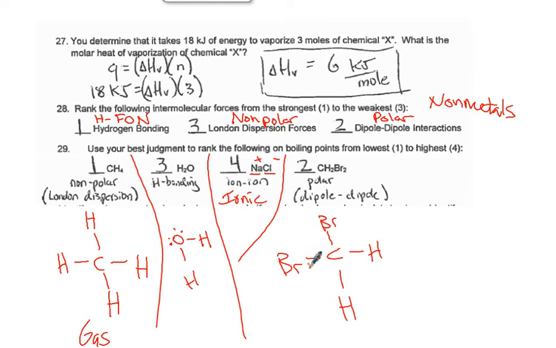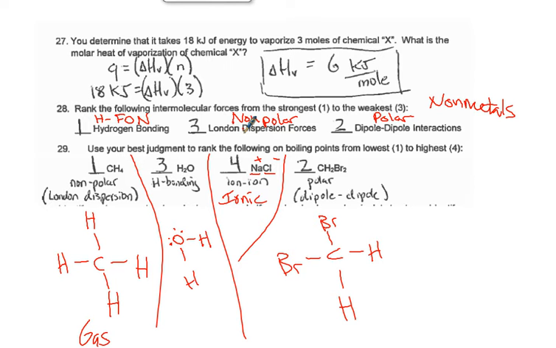And any which way you build this thing, it's slightly polar. And if it's polar, it's going to have a dipole-dipole moment. And a minute ago, we put hydrogen bonding stronger than dipole-dipole and then stronger than London dispersion. So this one, while attracted to other molecules like it, would not be as strongly attracted as water molecules.